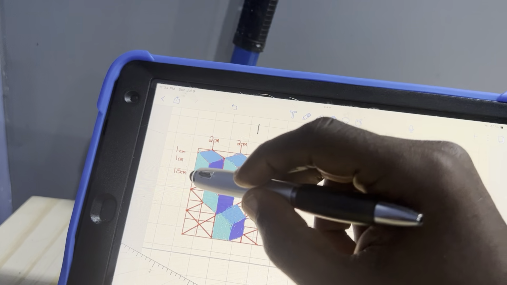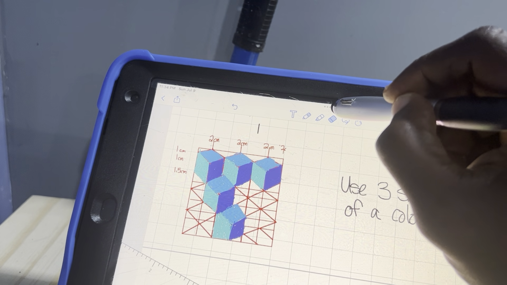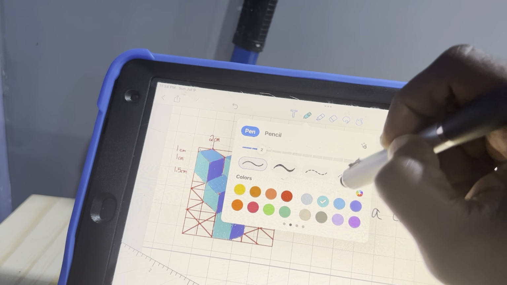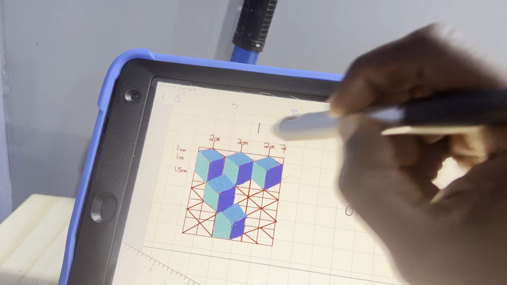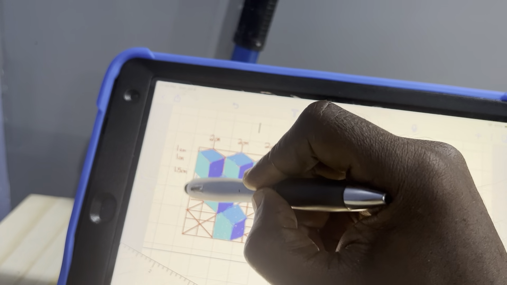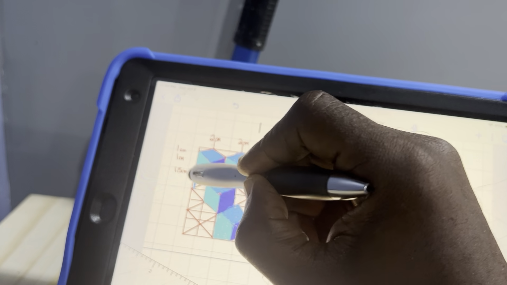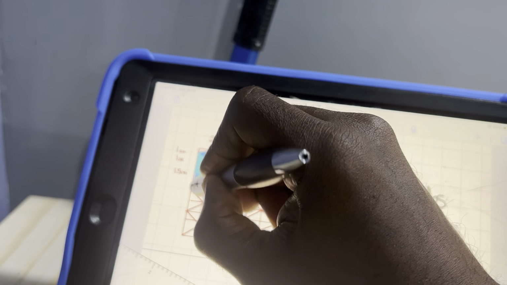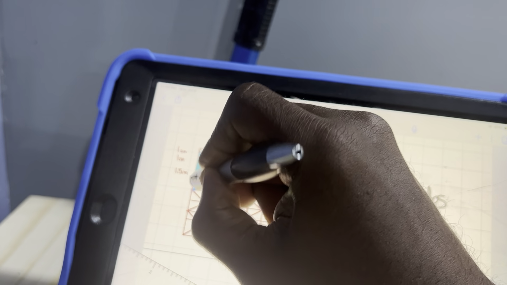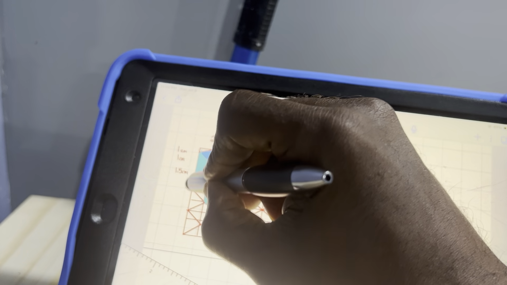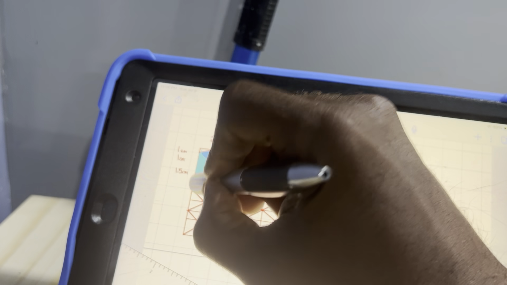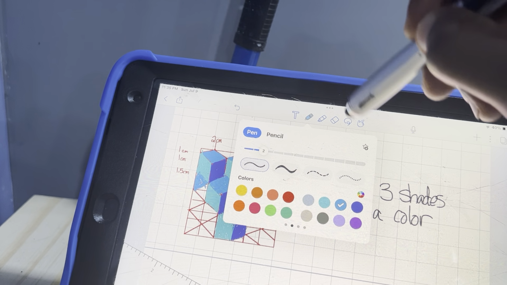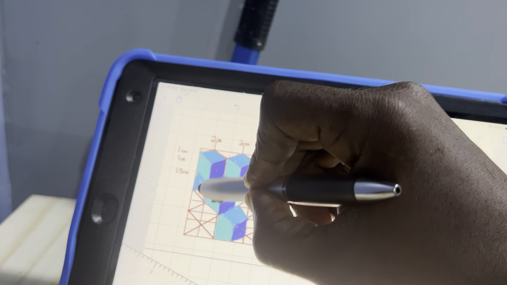This part right here, I would make this my top. So that would be this color. Right? This is my face.